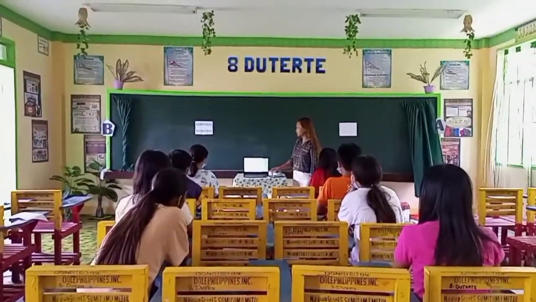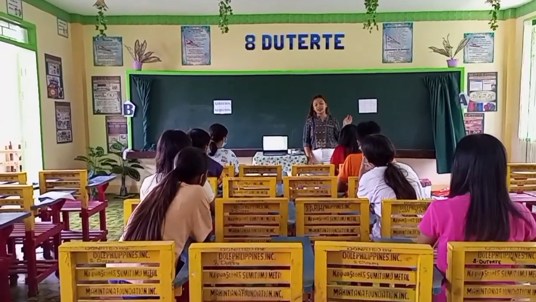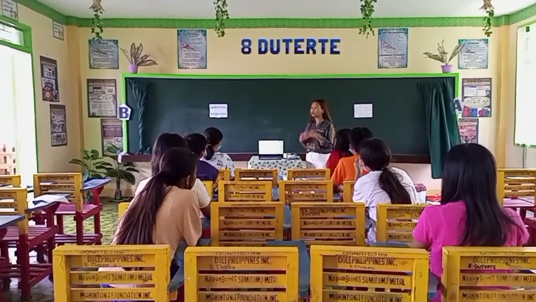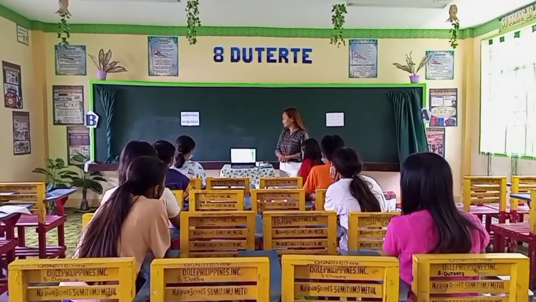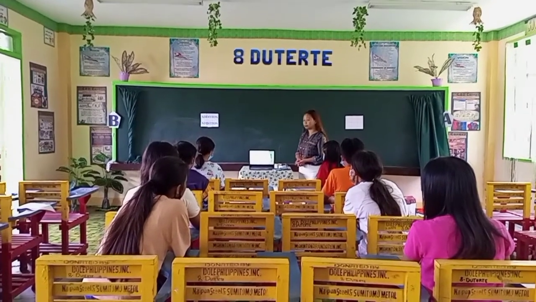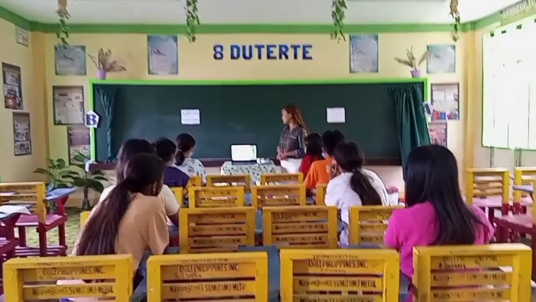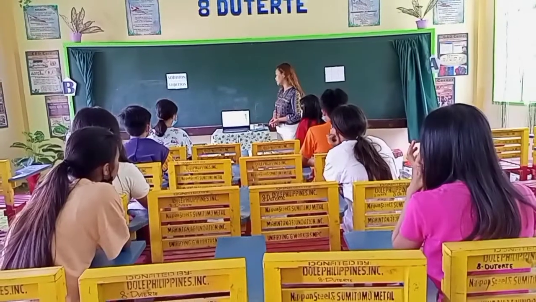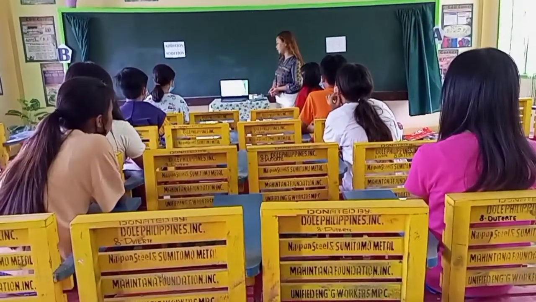Definition: what are integers? Kanina, dinifine ni Miss Nicole kung ano ibig sabihin ng integers. So I want you to know that this is the meaning of integers. In mathematics, integers are the collection of whole numbers and negative numbers. Similar to whole numbers, integers do not include the fractional part. Thus, integers are numbers that can be positive, negative, or zero, but cannot be a fraction.